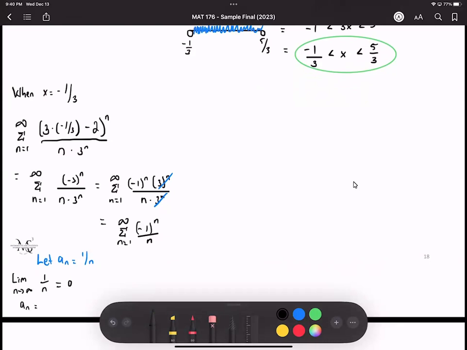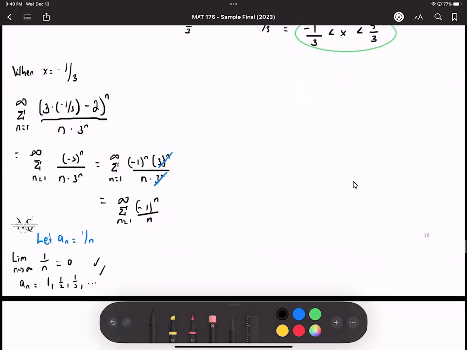Your a_1 will equal 1, if n is equal to 1, then you get 1/2, 1/3, and so forth. So it is decreasing. So by the alternating series test, we have convergence at x equals negative 1/3.